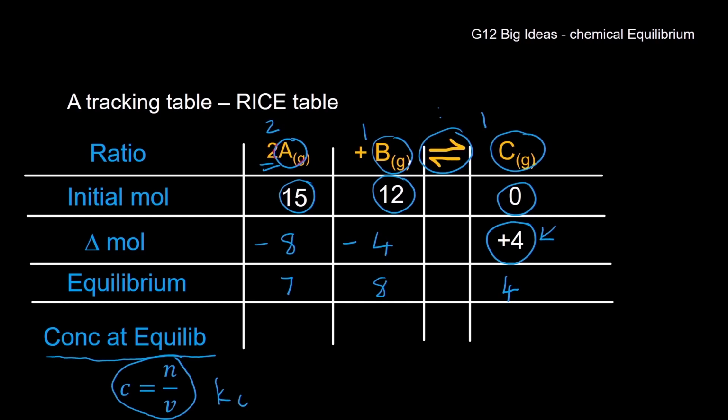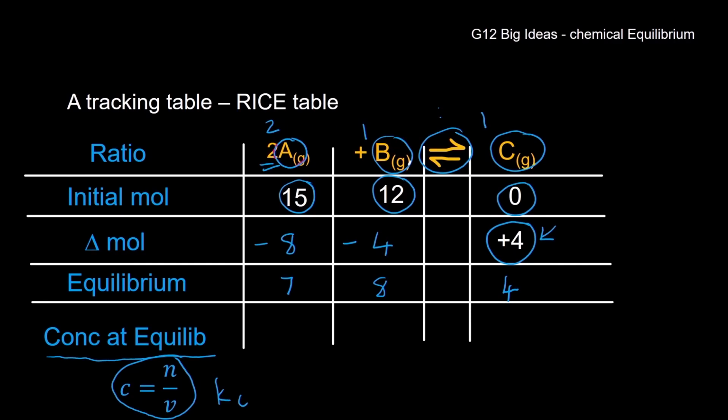Now, the concentration at equilibrium, according to this equation, is number of mole divided by the volume. So if we say that the volume is 1 decimeter cubed, then we can divide each one of these by 1, and so we'll get an answer of 7 mole per decimeter cubed.